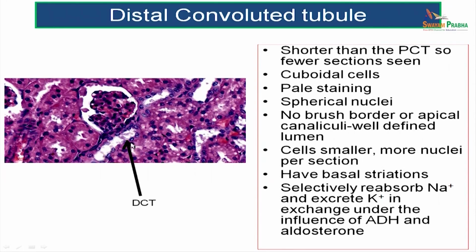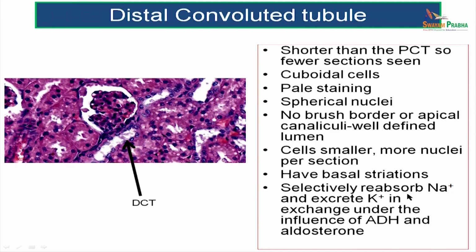There is no brush border, so the lumen is well defined. Compare this PCT with DCT. The cells are smaller, so more nuclei per section are seen. They have basal striations.